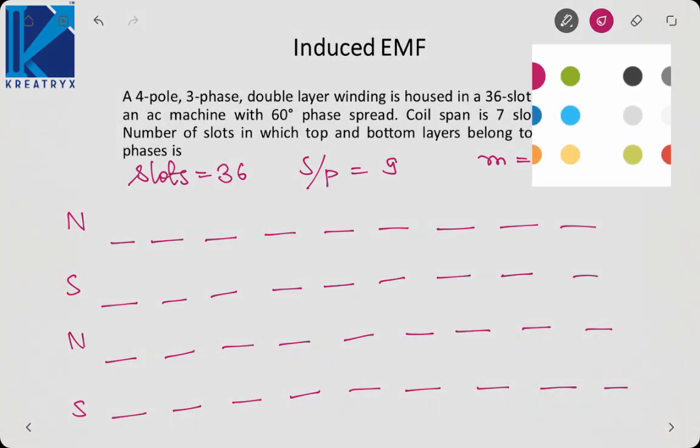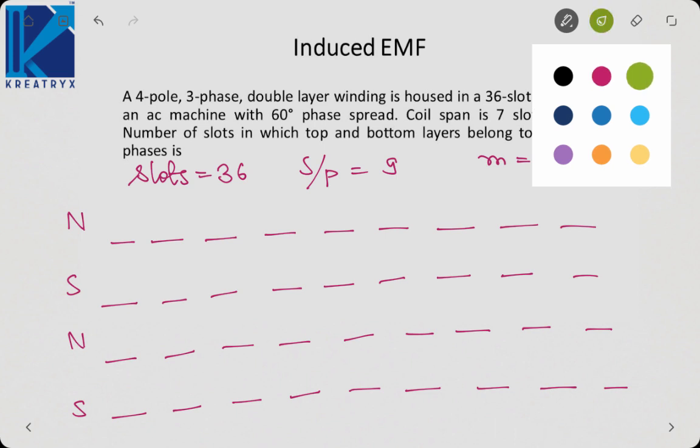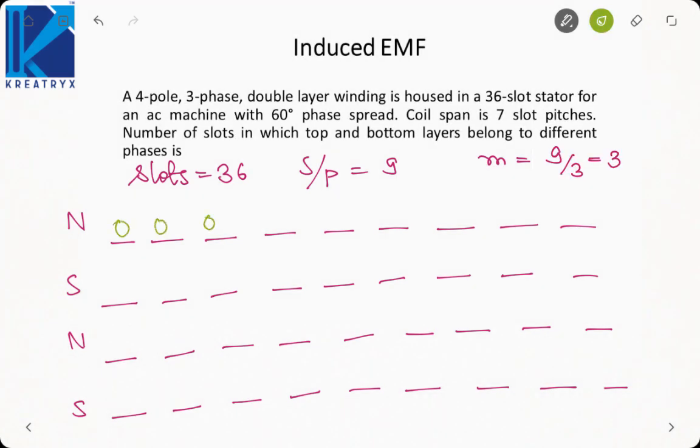So let me show you how we can design the winding. Suppose the first 3 slots are given for A1, A2, A3. Then B1, B2, B3. Then C1, C2, C3. Okay. Now it is saying that the coil span is 7 slot pitch, which means if one side of the coil lies in first slot, the other one will lie in 1 plus 7, that is the 8th slot.